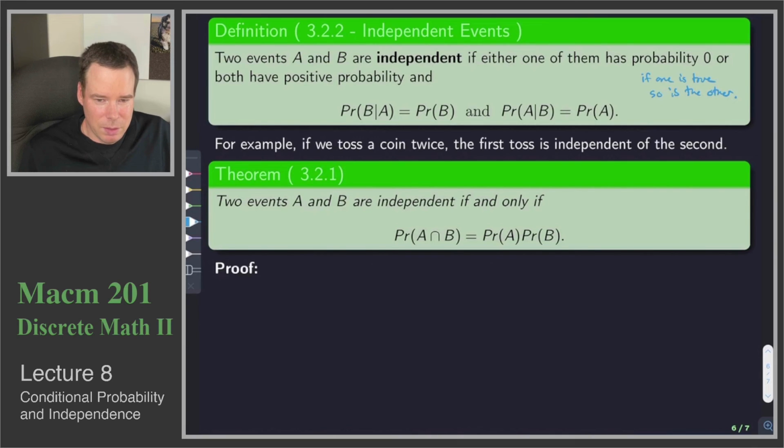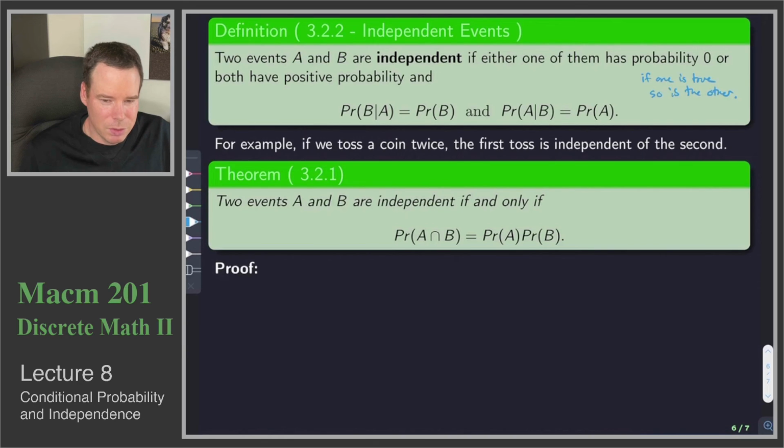So the resulting theorem, which follows from the definition, and we'll prove it, is that two events are independent if and only if the probability of their intersection is the product of their probabilities. Now, this is just another way to phrase independence without having to use conditional probabilities in the statement. The definition uses conditional probabilities. This theorem uses intersections instead.